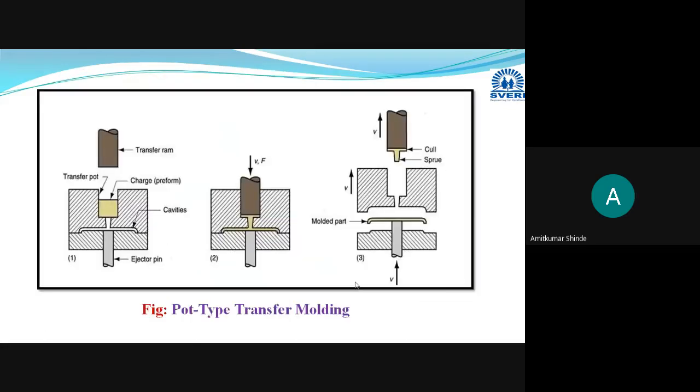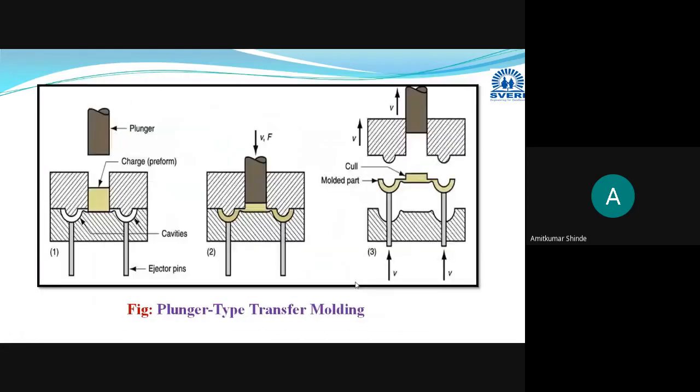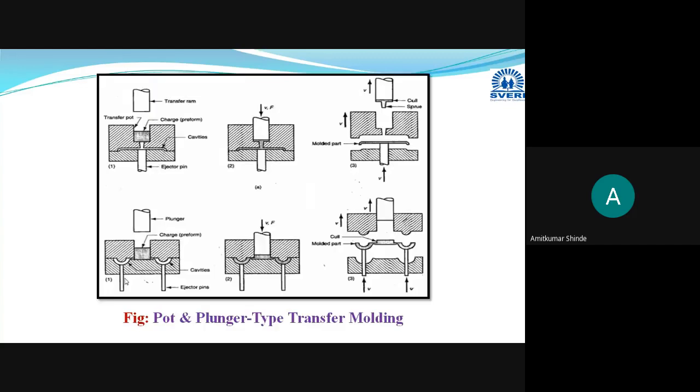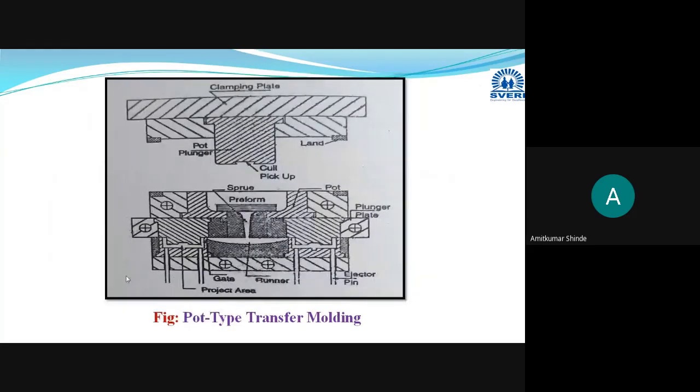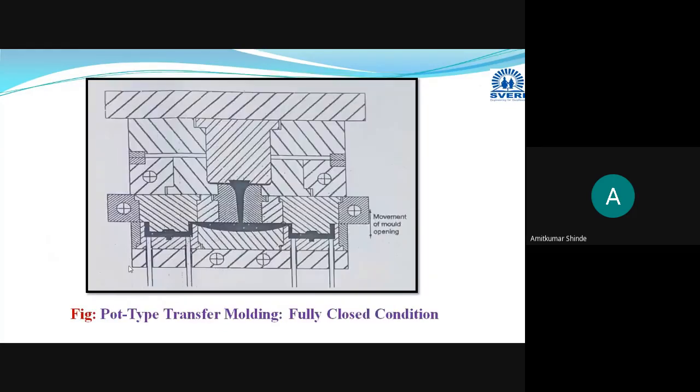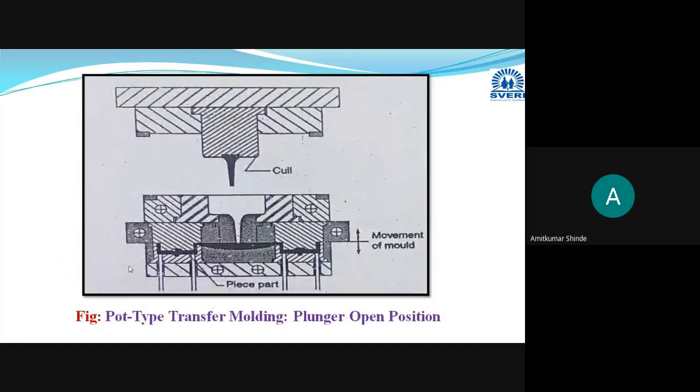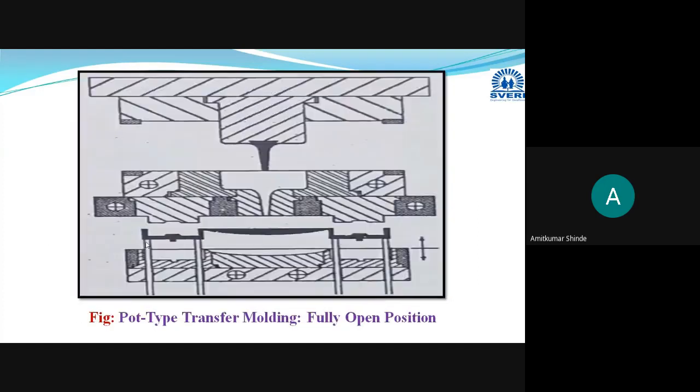As far as your syllabus is concerned, only these diagrams are there. I've searched many books, and I was able to find these diagrams only. So you can draw these diagrams and explain in sentences the further types of plunger type transfer molding process: top plunger transfer molding and bottom plunger transfer molding.